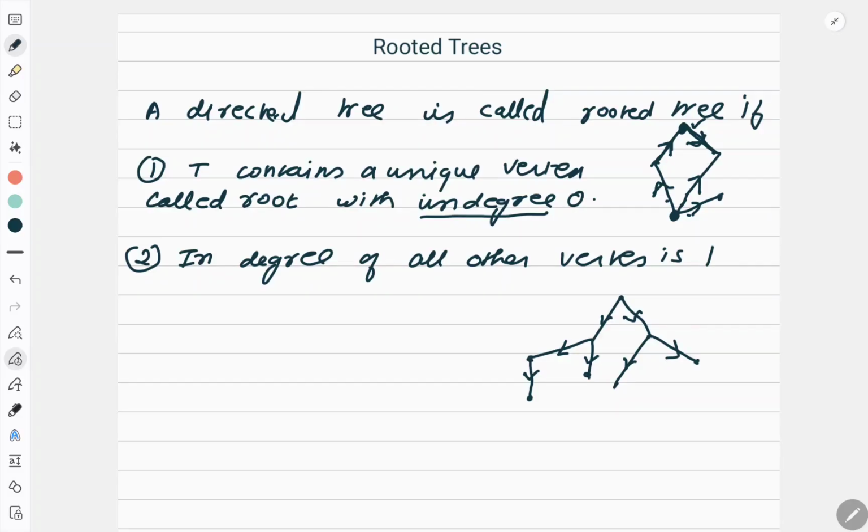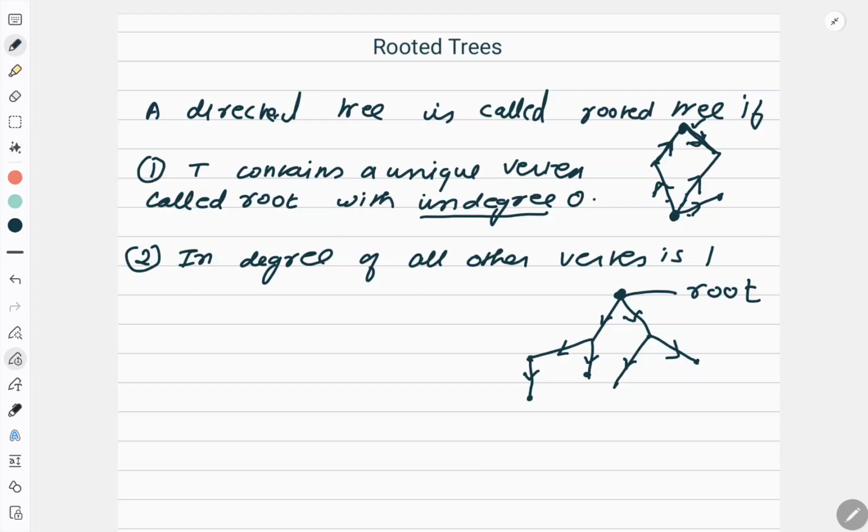So I need a special vertex called root with in degree 0. Like here, when I have drawn the tree, this vertex is the root, because I am starting from here and nothing is going inside it. There was one more word I used earlier, source, from where everything is coming out. So basically I should have a source.